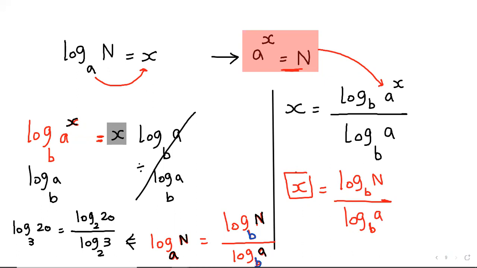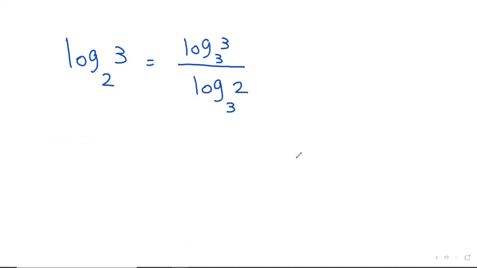And from that, if we have log 3 in the base 2, we can write it as log 3 in the base 3 over log 2 in the base 3. Okay, and log 3 in the base 3 is 1, over log 2 in the base 3. What is that?